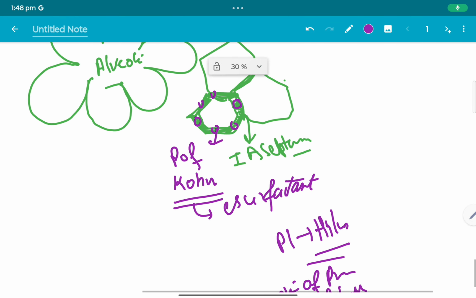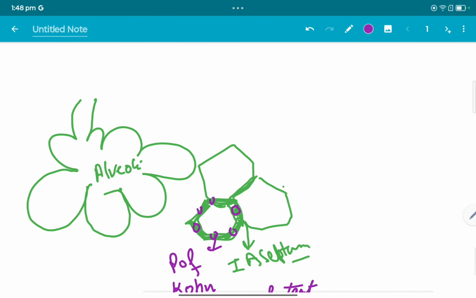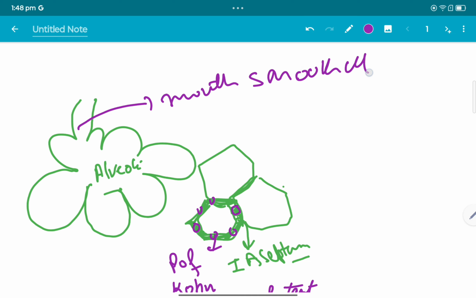The mouth of the alveoli has smooth muscle, which is the alveolar sac. They have smooth muscle there, at the entrance.